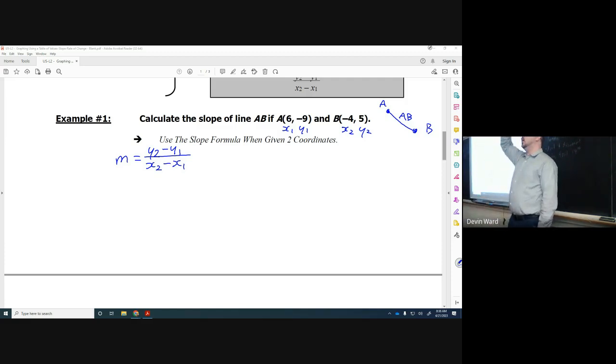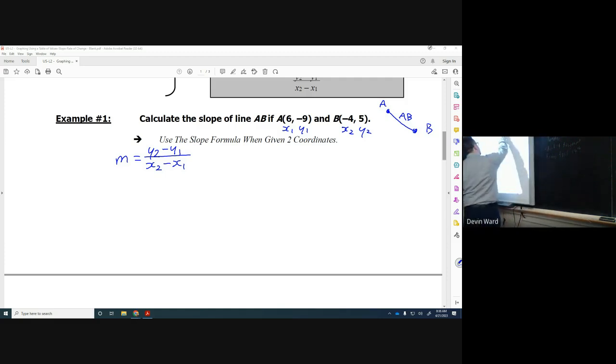The thing with this is that you just want to keep all your numbers straight and remember which one goes to which, okay? So here, I'll circle x1 in blue, y1 in green, x2 in red, and y2 in black.